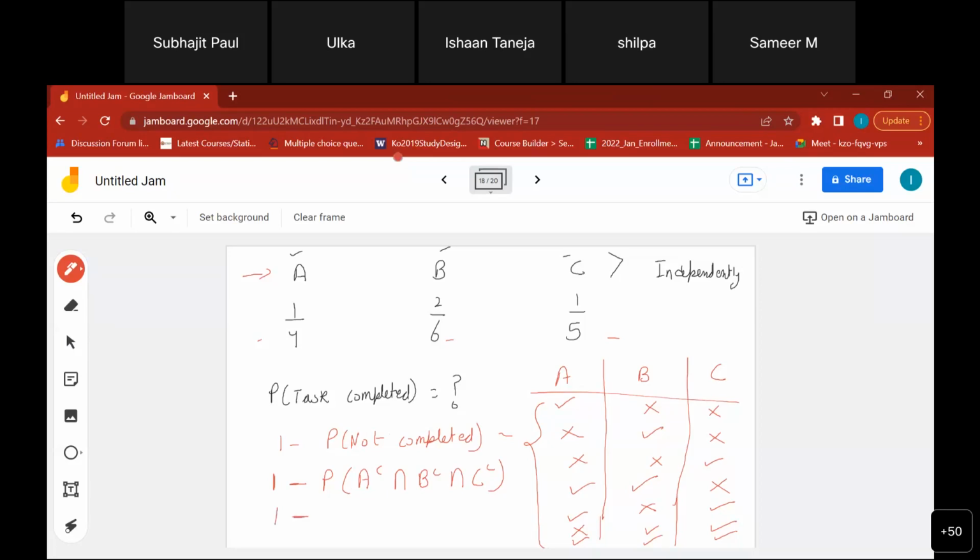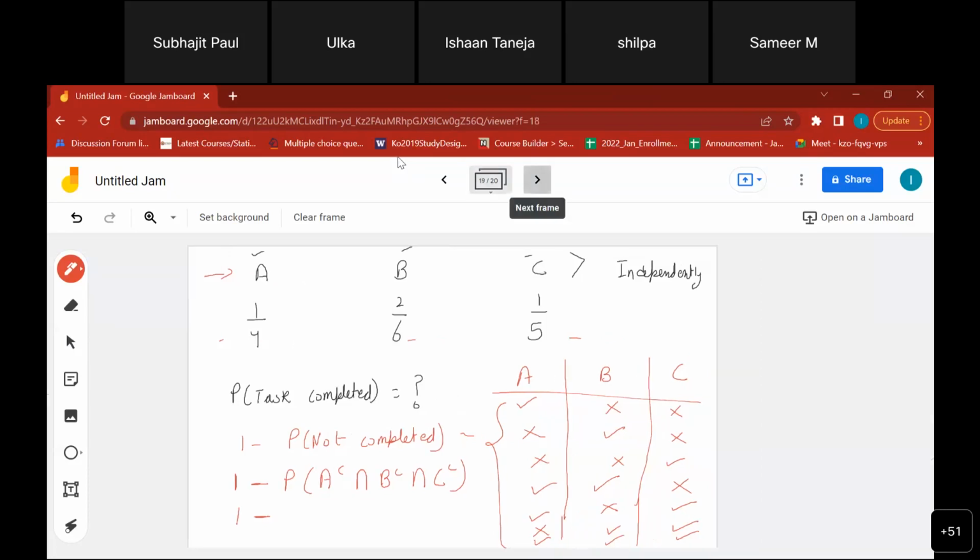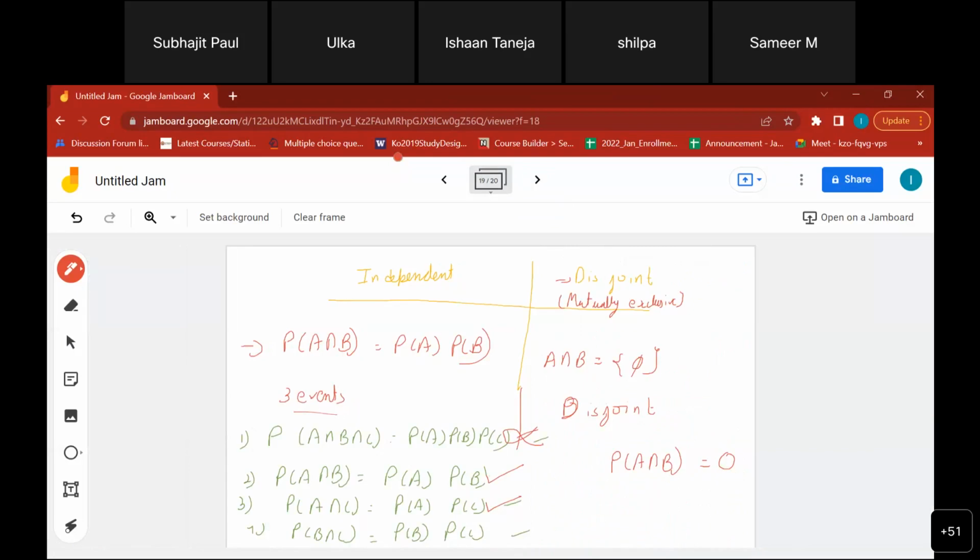Since these three are independent events, their complements will also be independent. One thing to keep in mind: if A and B are independent, then A complement and B will also be independent, B complement and A would also be independent, and A complement and B complement would also be independent.